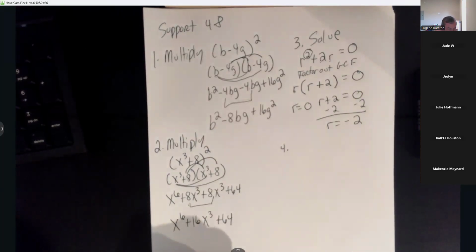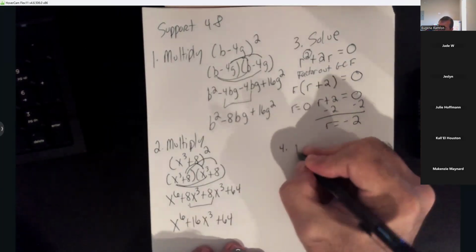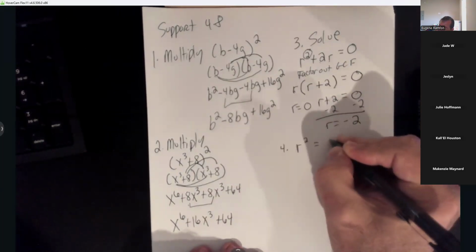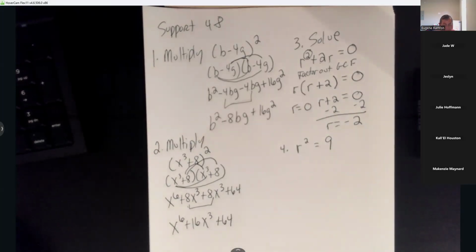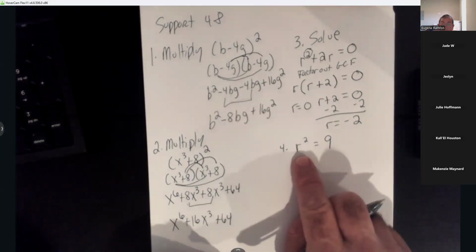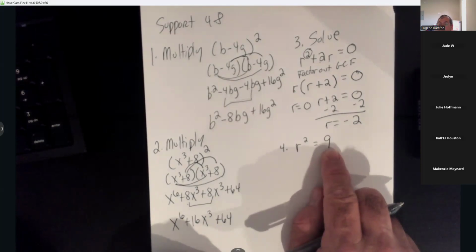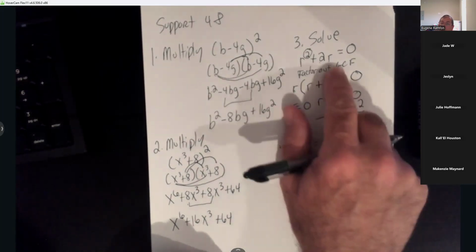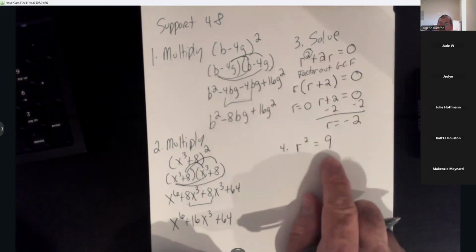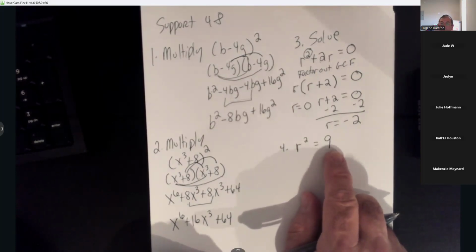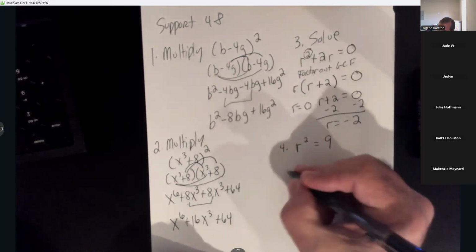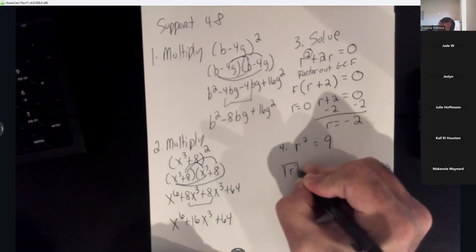All right, so then let's see what my fourth one is. R squared equals 9. Well, on this one, the r squared is by itself equal to a number. So I'm not going to factor it like this because this one has a number. So this one, I'm going to take square roots. I'm going to take the square root of r squared.